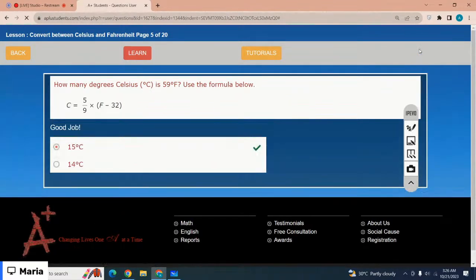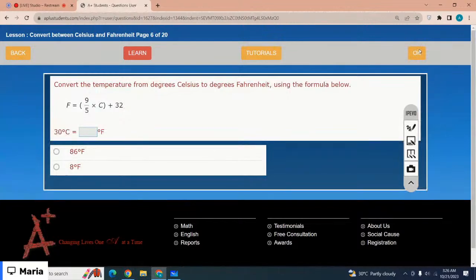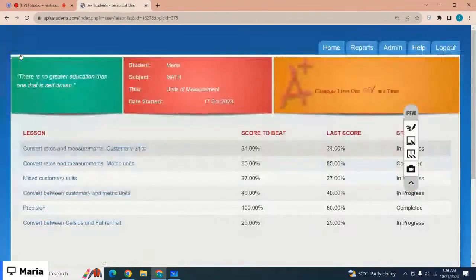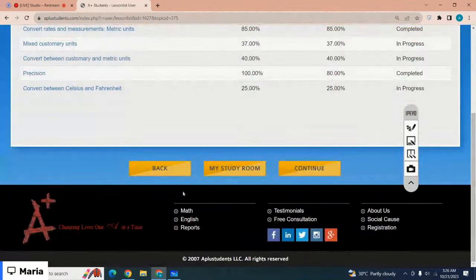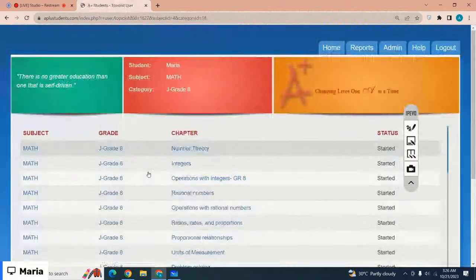Okay, you can complete the lesson by yourself later today. So let's just move on to next lesson. We are done with the chapter unit of measurement. We're going to start the new chapter, that is problem solving.